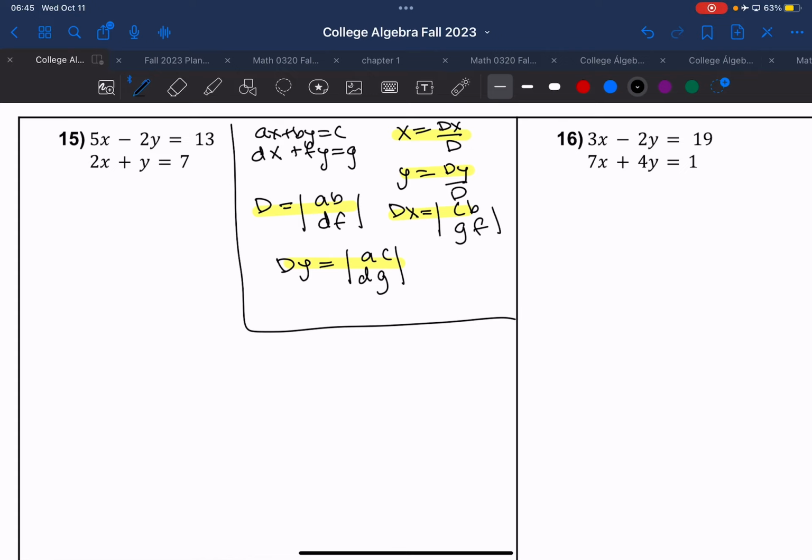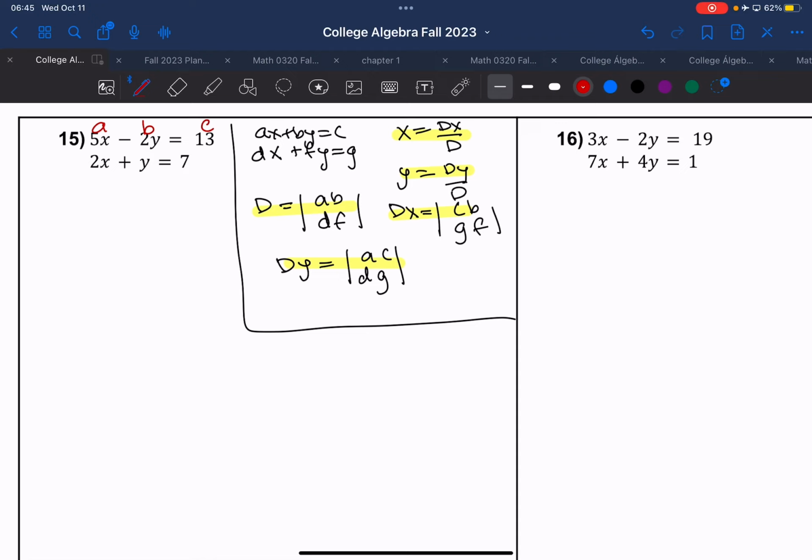So first we're going to look at our two equations and make sure that they are in standard form. Are both of them in standard form? Yes. So now we're going to label them. Our first equation, we're going to label A, B, and C. So that means our A is 5, our B is -2, and our C is 13.